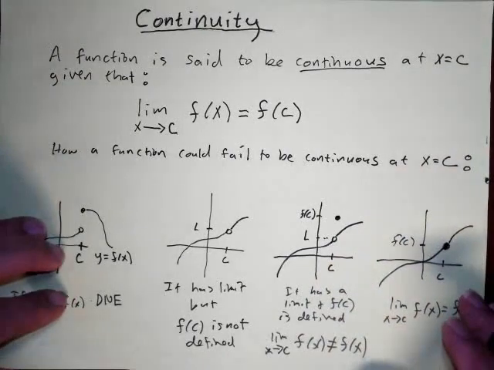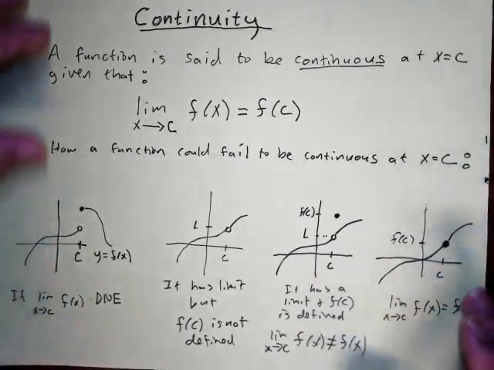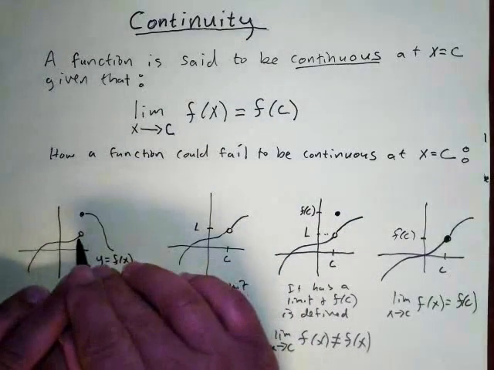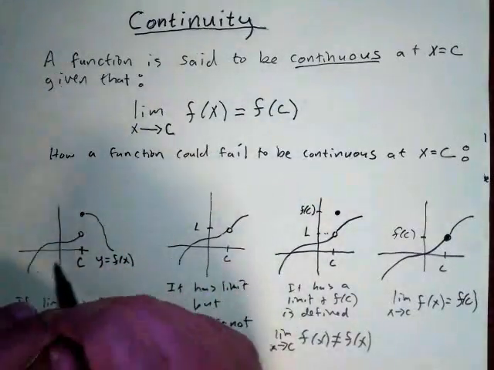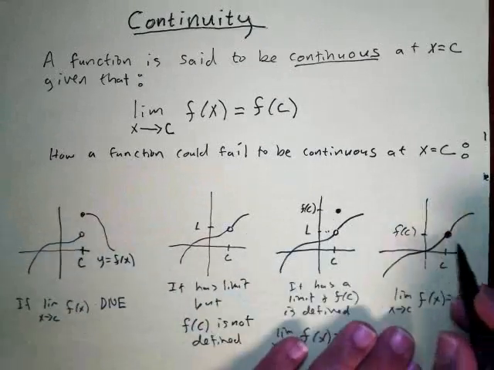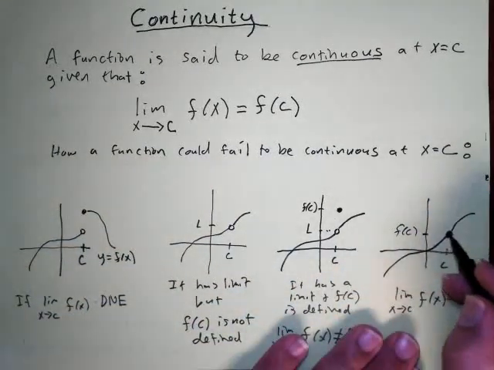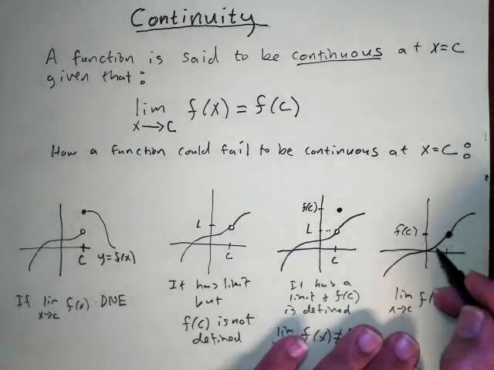Okay. Now, continuity, the technical definition, it's defined at a point. So when I say this function is continuous here at c, what I'm saying is at that point it is continuous.